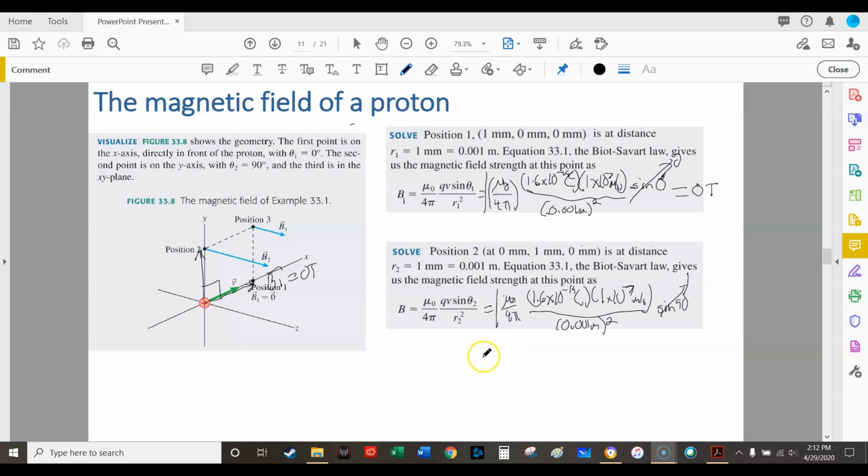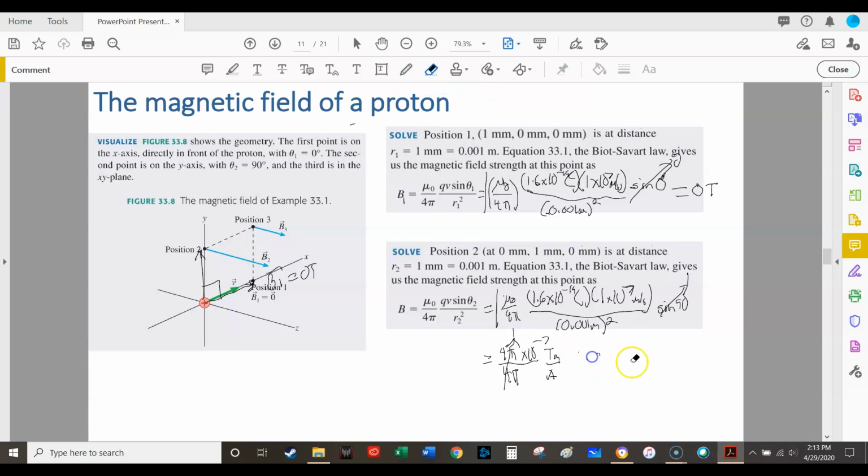So when you work this all out, well, mu naught is 4 pi times 10 to the negative 7th, right, divided by 4 pi. So this part goes to 1. So that's just 1 times 10 to the negative 7th. And that's Tesla meter per amps. Okay. And you're going to multiply that by all the rest of this, I should say.